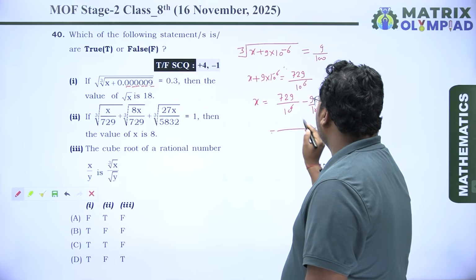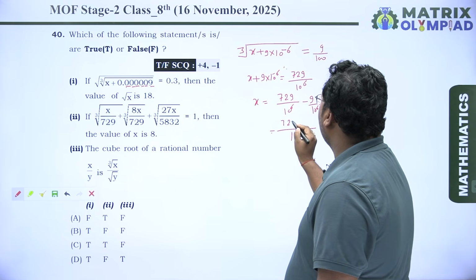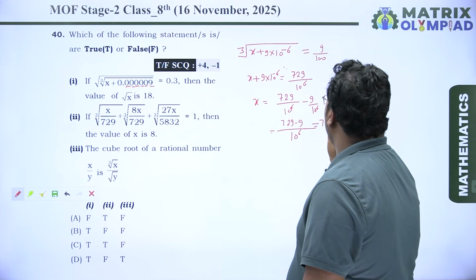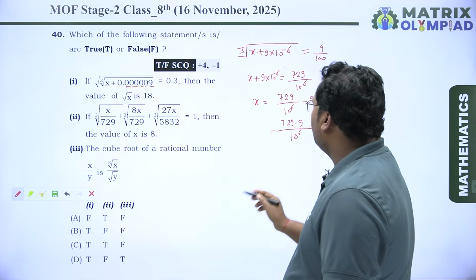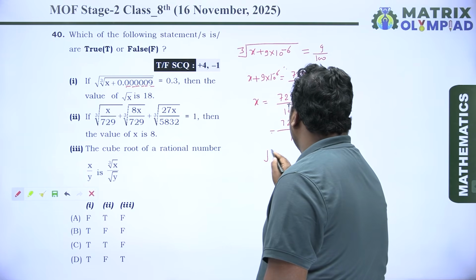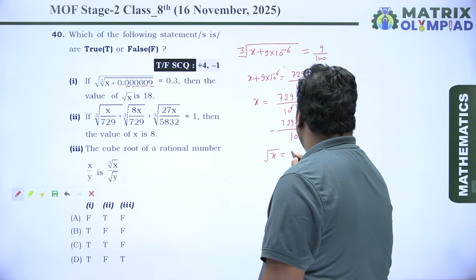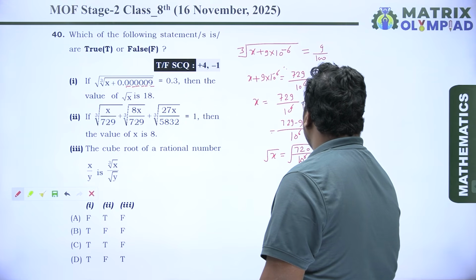From here the LCM is 10 to the power 6, so it is 729 minus 9, which is equal to 720 upon 10 to the power 6, and now we have to do square root on both sides, so we will get square root of x equal to square root of 720 upon 10 to the power 6.